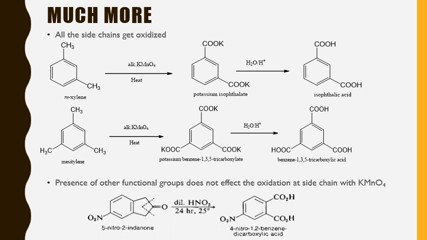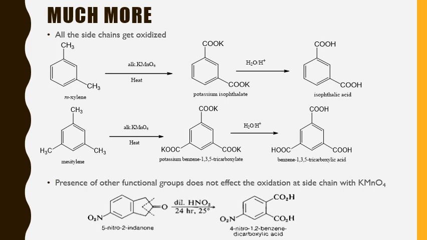Now, this is a prettier example where you can enjoy the effect of this. Here you have a benzene ring fused with a cyclic ketone, and it has an extra functional group, NO2. Regardless of the other functional groups, if the benzene is attached to a carbon, whether in a fused ring or whatever, and that carbon has hydrogen, then it has to convert into COOH.